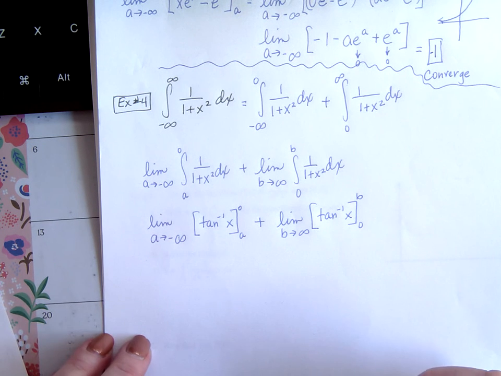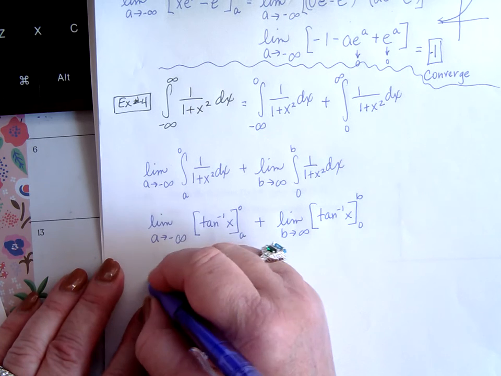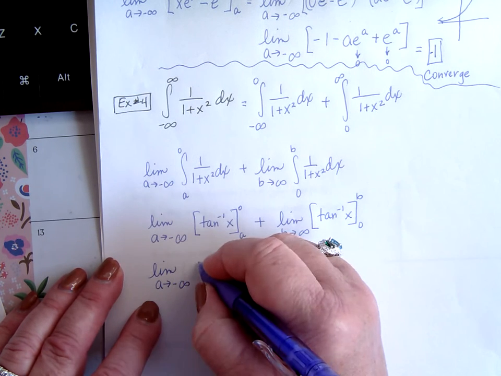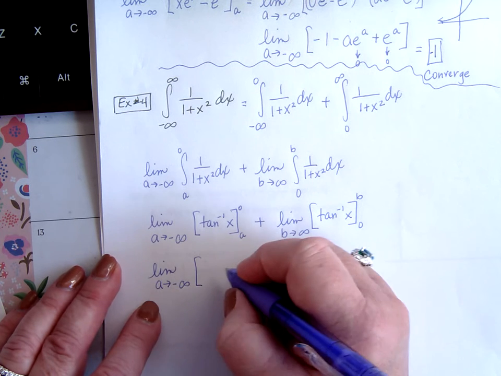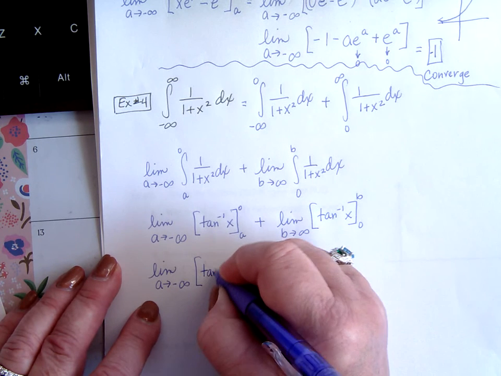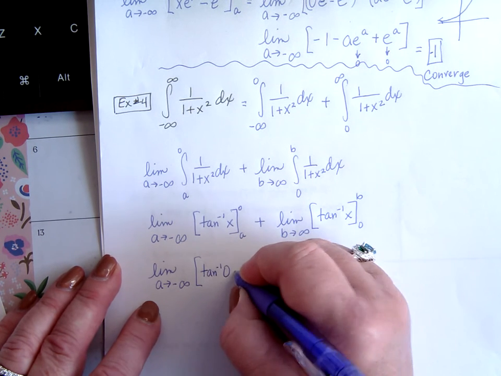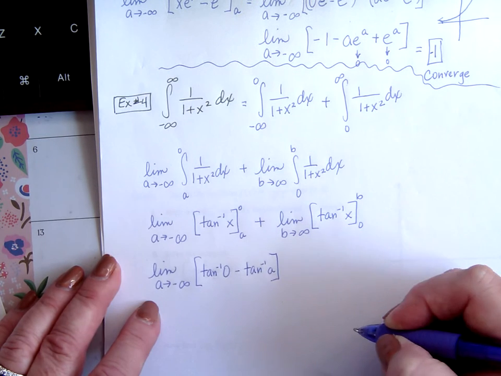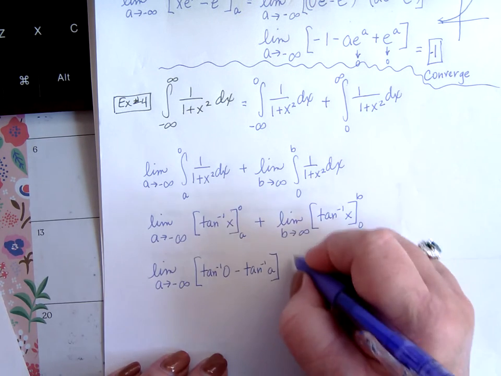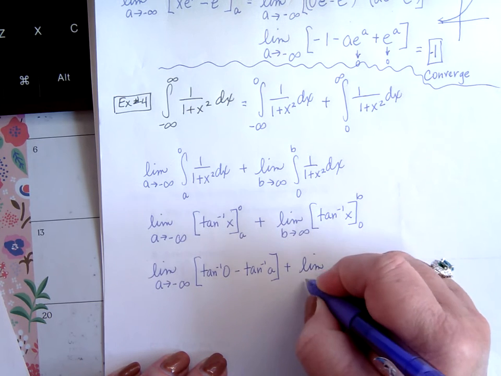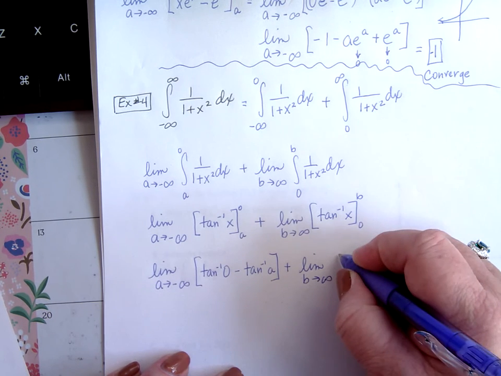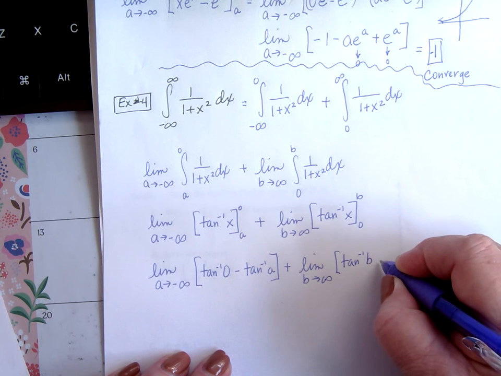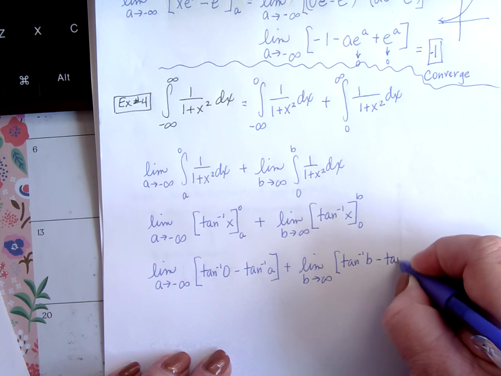So here it goes. I'm still got the limit notation going on. Tangent to the -1 of 0 minus tangent to the -1 of a, plus the limit as b approaches infinity for tangent to the -1 of b minus tangent to the -1 of 0.